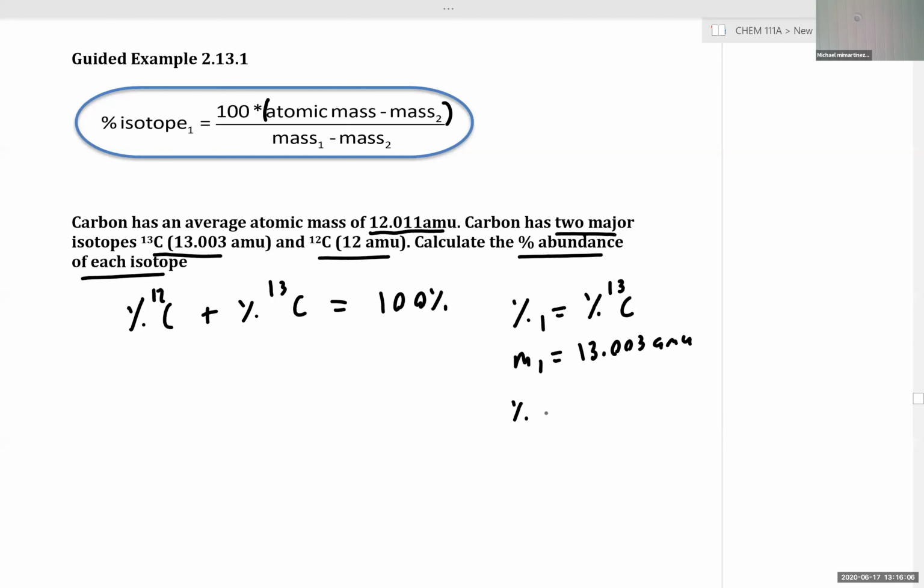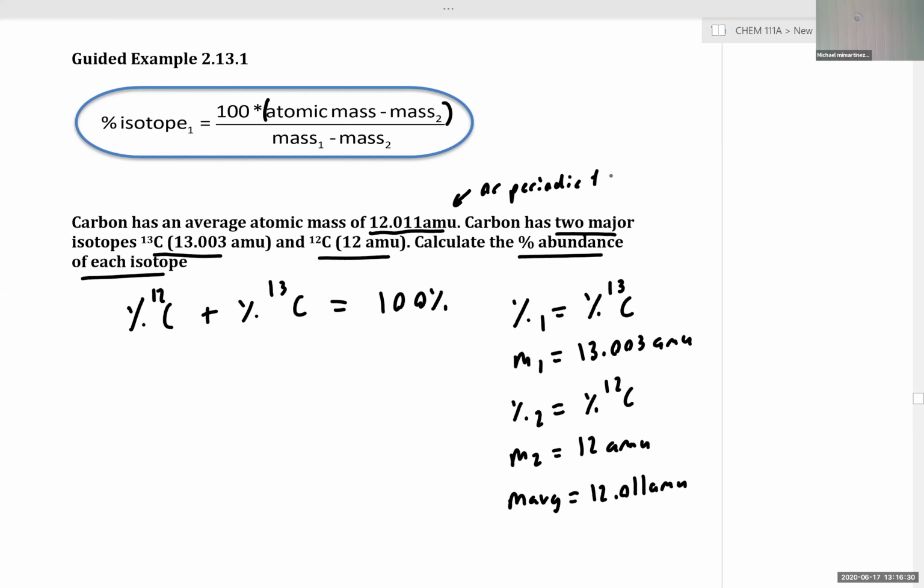The percentage 2 is going to be the percentage of carbon 12, and the mass of isotope 2 will be 12 AMU, just reading from the problem. The average atomic mass is going to be equal to 12.011 AMU. You can get this from the problem or the periodic table. So note, I don't always have to give you the average atomic mass. You have the tools to look it up.